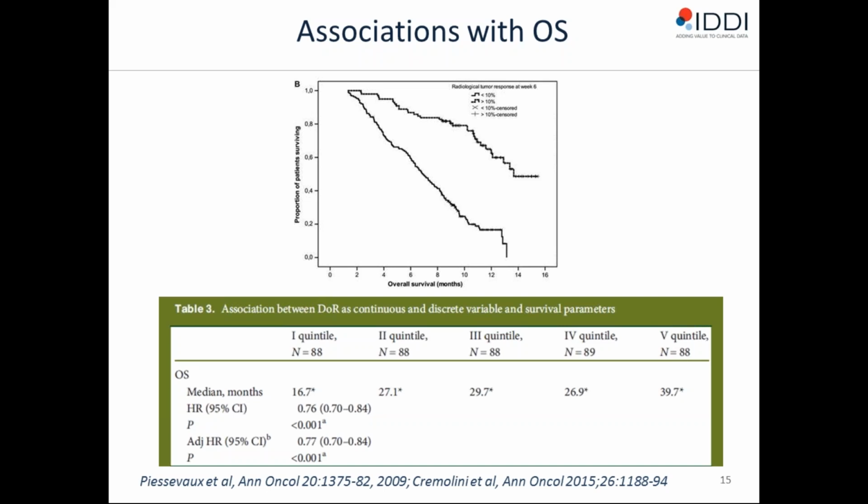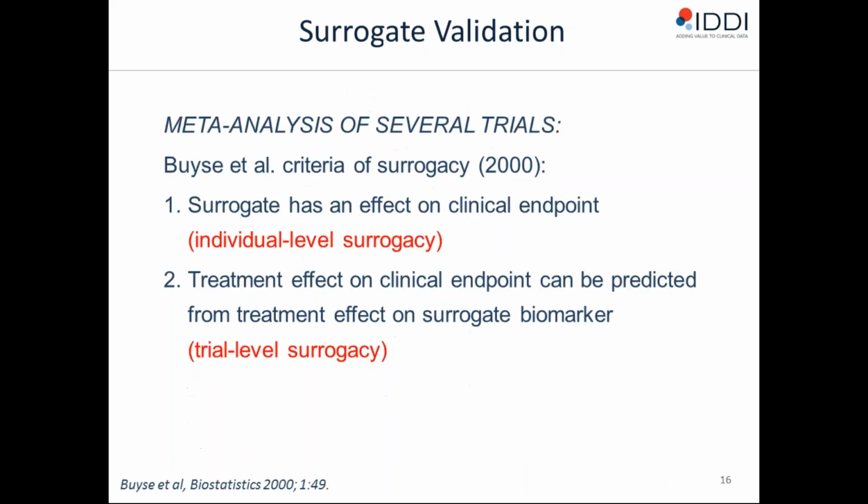In this case, the cutoff was 10% and not 20%, but it's clear that patients who achieve early tumor shrinkage live longer than patients who do not. Likewise, at the bottom, the table shows that according to increasing quantiles of tumor shrinkage, the median survival also increases in a statistically significant way. In other words, there are associations between both early tumor shrinkage and depth of response and overall survival.